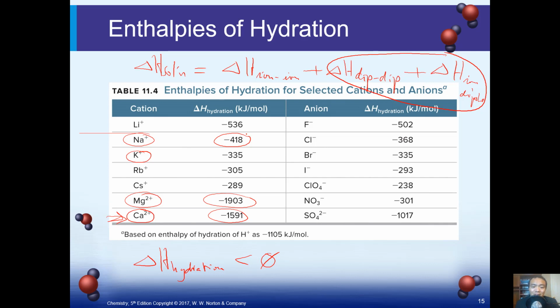Then you have the ion-dipole interaction. That's why you indicate them as delta H for ion-ion, delta H for dipole-dipole, and delta H for ion-dipole. Also, delta H for hydration is the last 2 steps combined. We also went over some of the details about how to compare the relative magnitude of the lattice energy and the magnitude of the enthalpy of hydration.